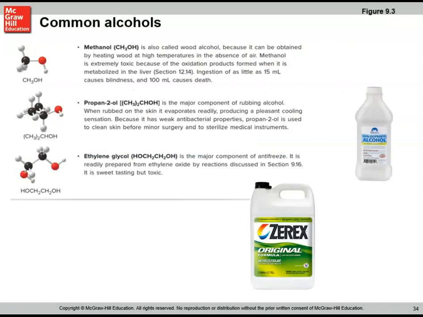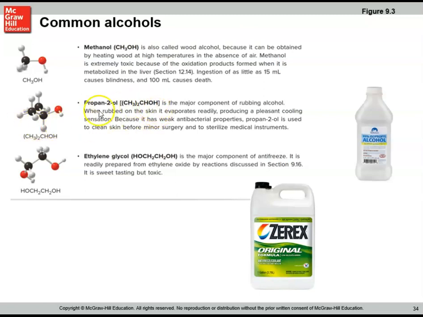Some common uses for alcohols: methanol is also called wood alcohol because it's typically generated from heating up wood at high temperatures. We can also get this as a byproduct in fermentation when we're generating ethanol for various purposes.